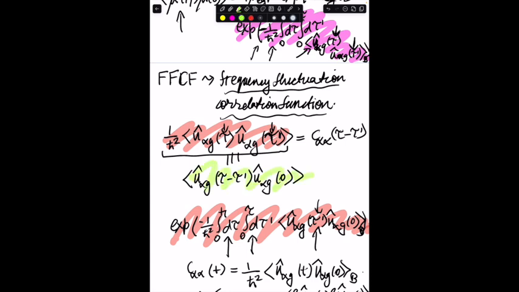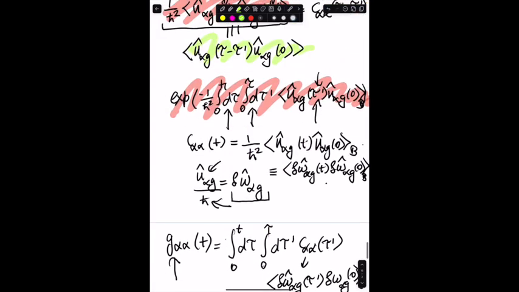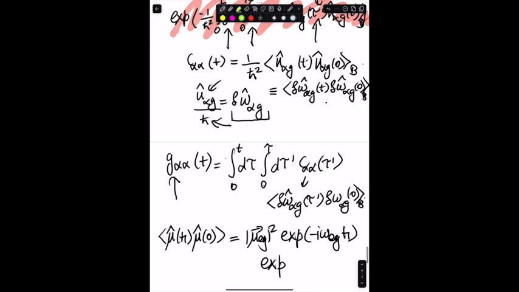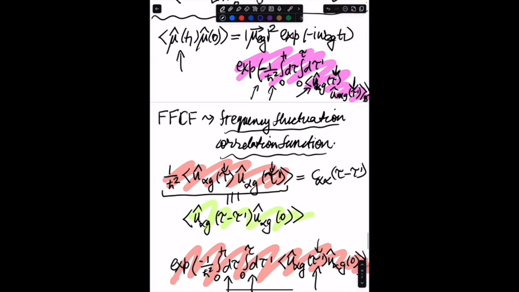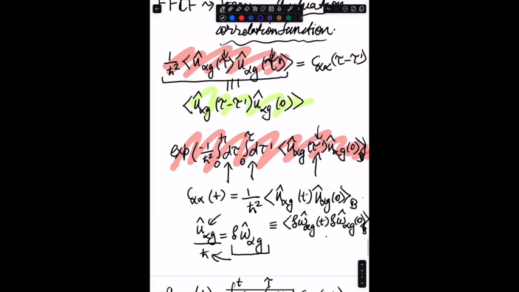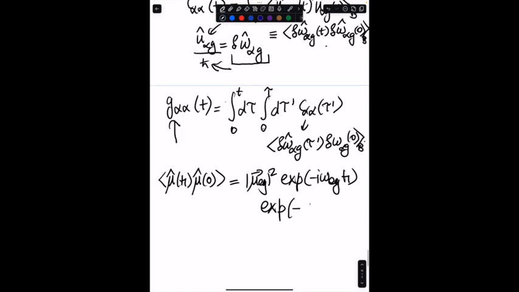So the proof is left as an exercise, and so you get exponential, and then you have a minus from above, and then you have this term, and then this term integrated twice gives you the line shape function g alpha alpha t1, and this we will define as the line shape function.